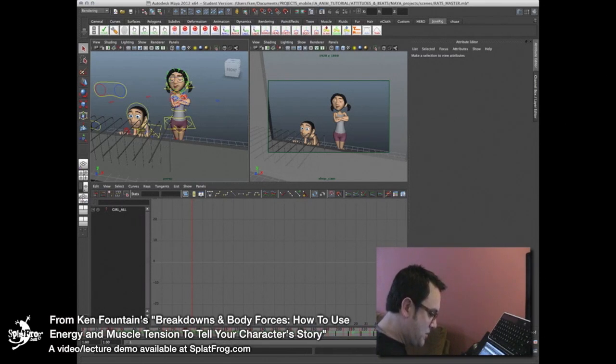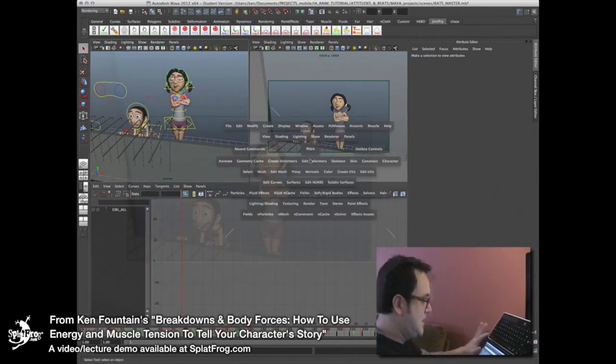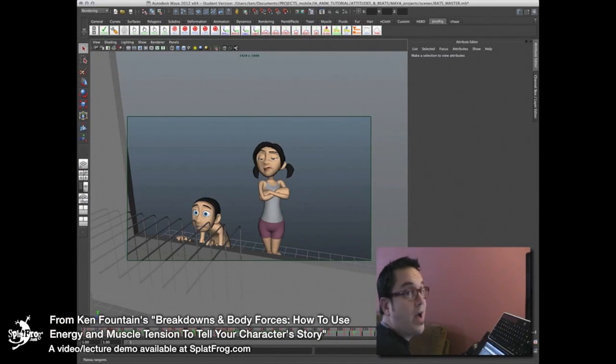So if we go through what's going on here, we can basically see why she holds and why I've decided to make her hold. She opens up with what is a small hold, just establishing the scene, establishing them both looking at the rats. Then she goes to this more important moment where she looks at her little brother in disgust.